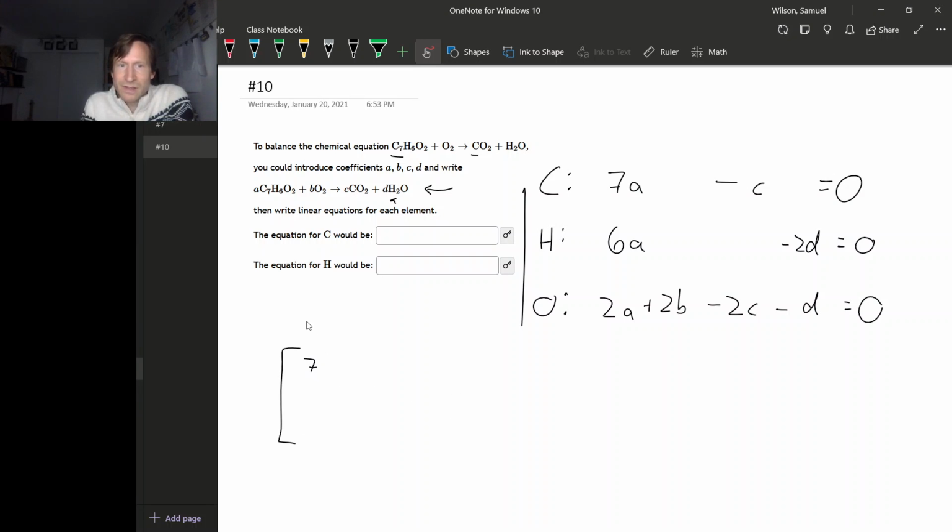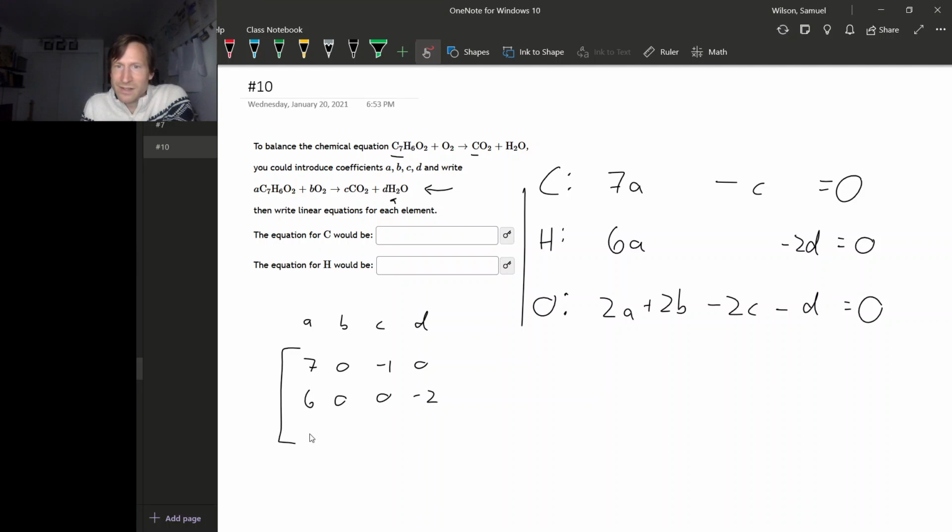So here's our A column, B column, C column, and D column. So 7, 0, minus 1, 0. Now the hydrogen row, 6, 0, 0, minus 2.